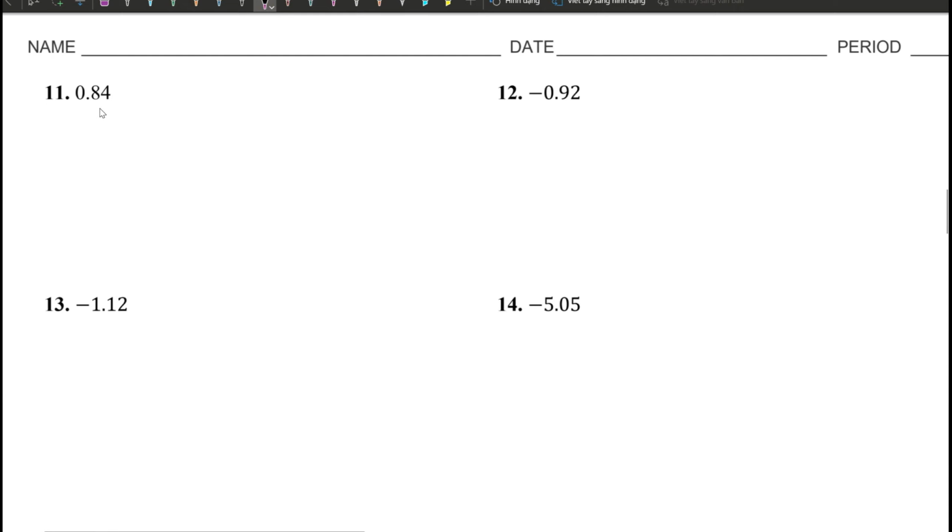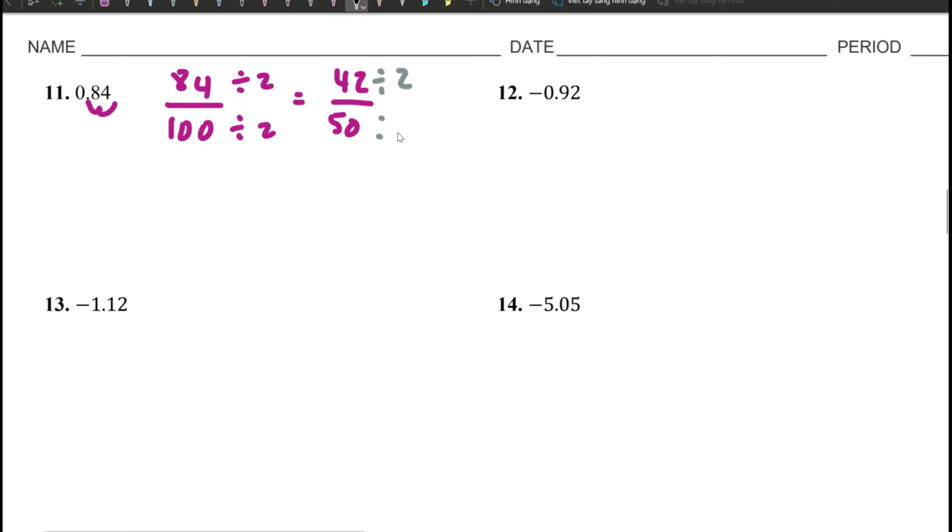Number 11, you have 0.84, so what do you think the denominator is going to be? The two numbers after the decimal point would mean over 100, or this is 84 hundredths. Reduce this one by 2 because it's an even number. That will give me 42 over 50, which we can continue to reduce by 2 again.